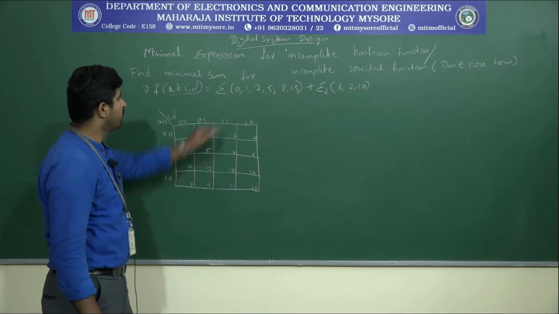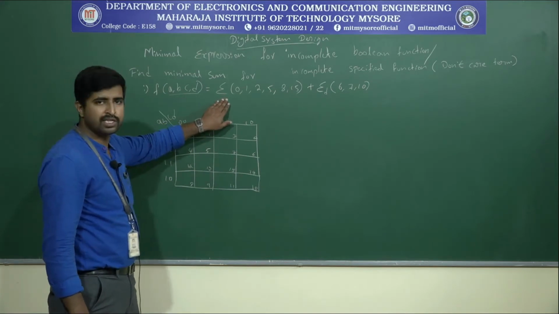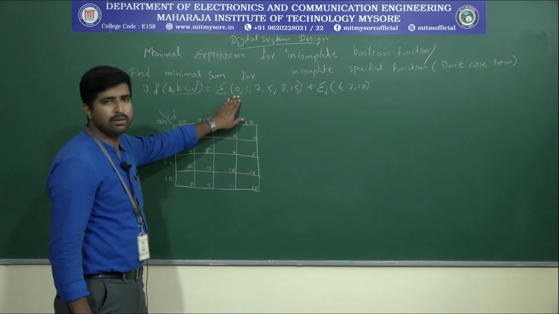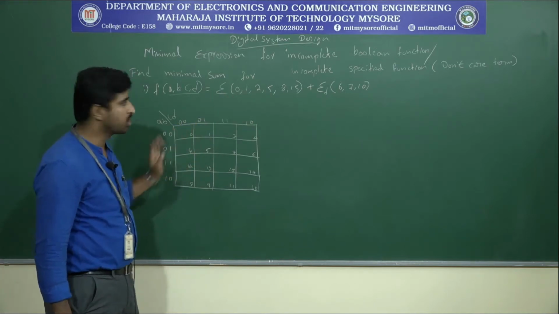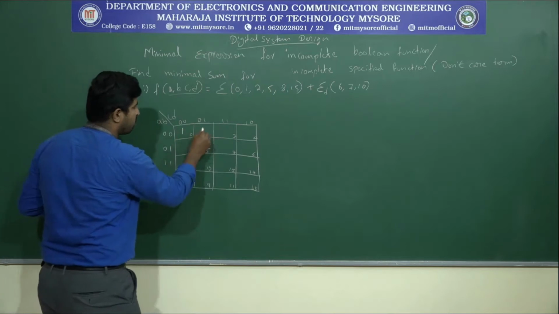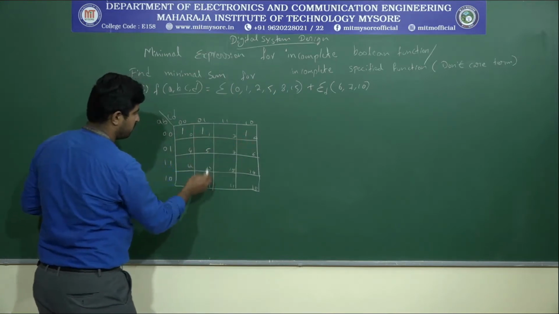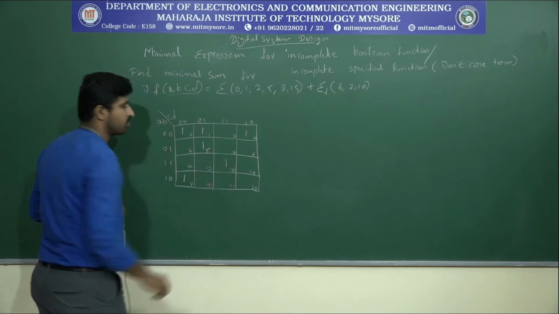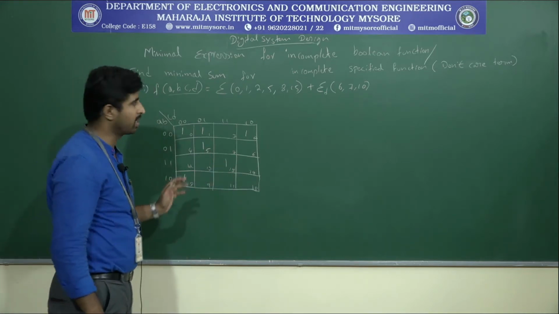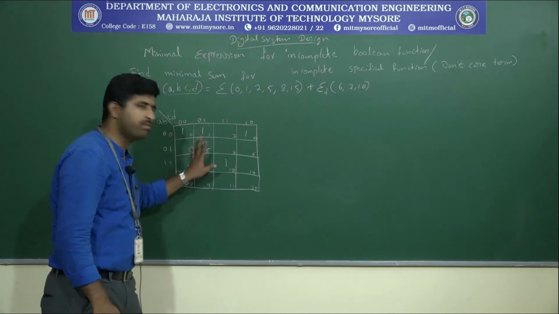Now, the summation means that for the min terms corresponding to 0, 1, 2, 5, 8, 15 we need to place the logic 1. So these will be the logic 1s. The remaining will be 0.